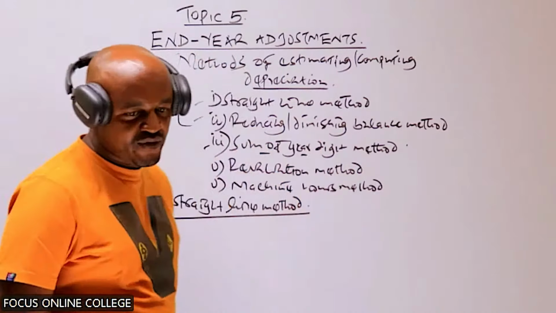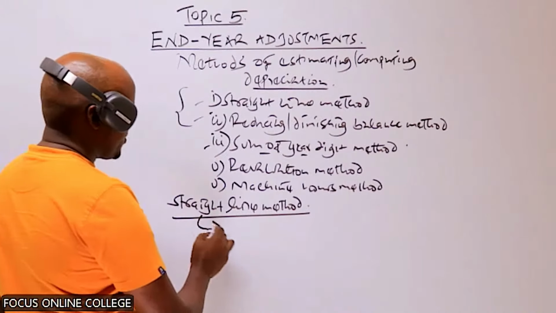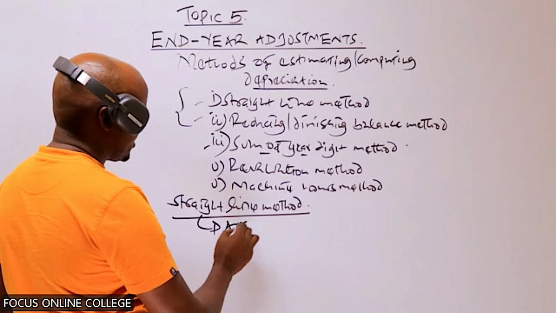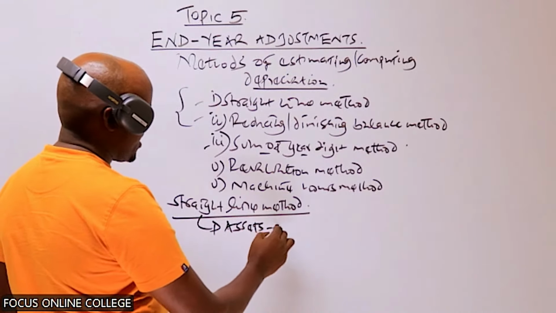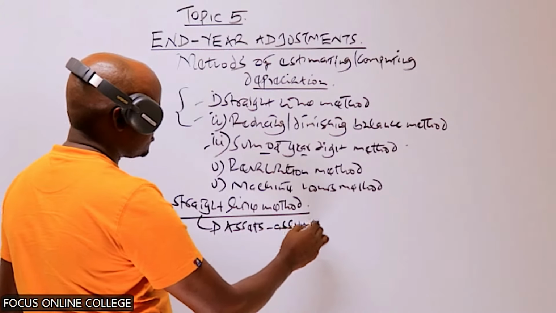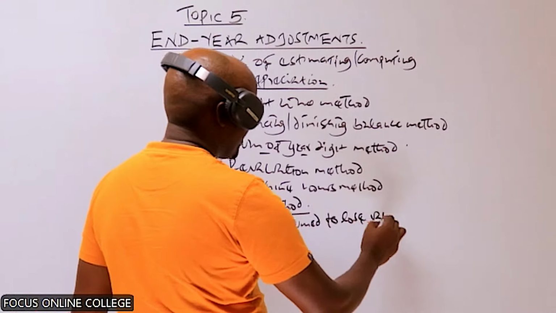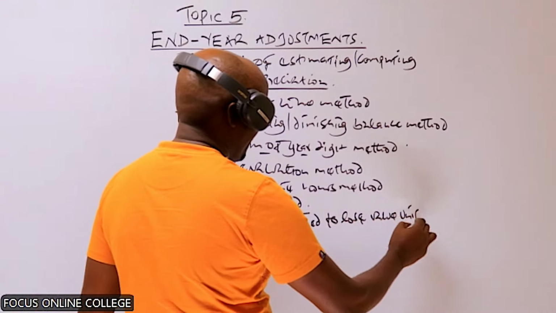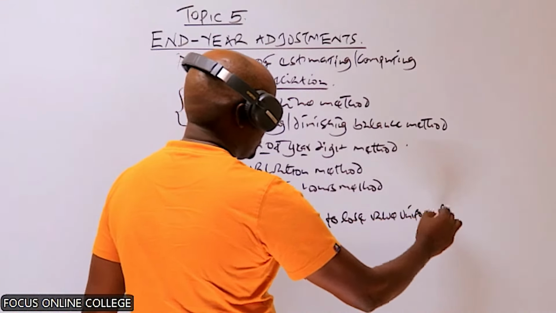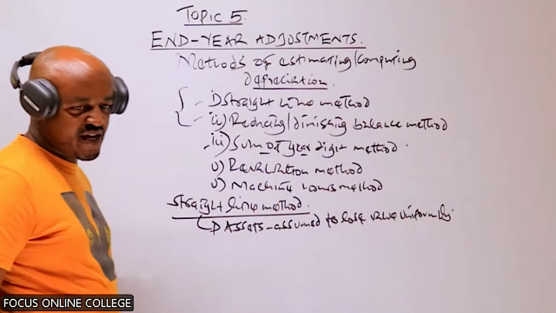So under this method, assets are assumed to lose value uniformly throughout their useful life.